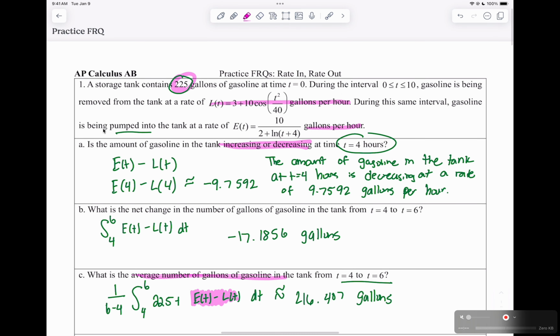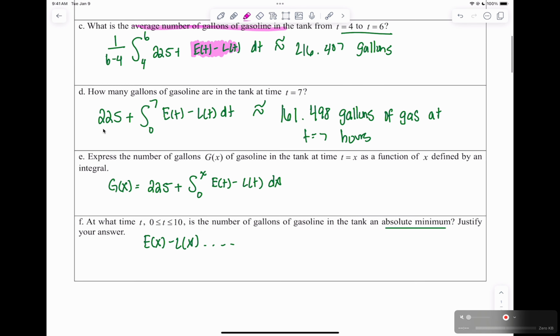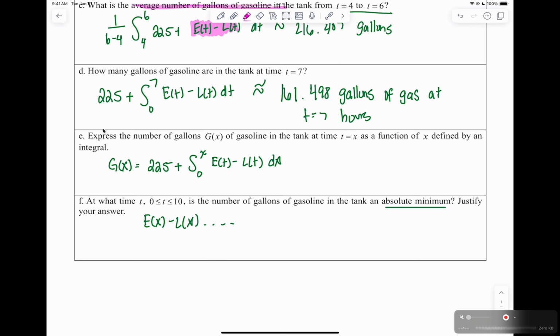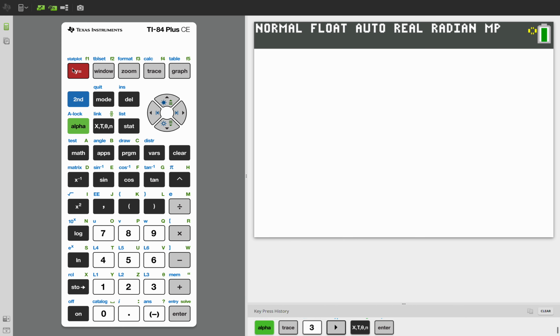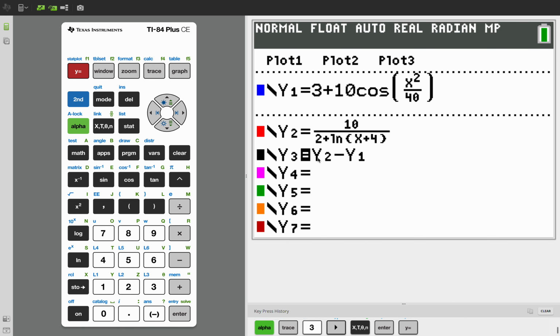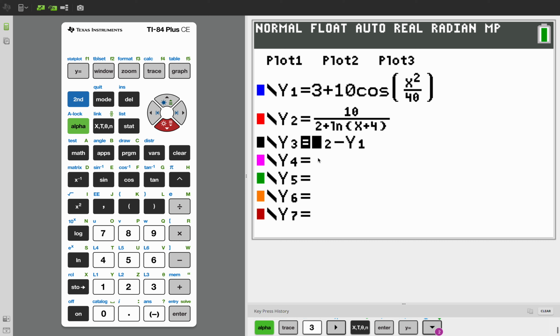Same thing. So for F, we want to find my critical point, so we want to figure out when E of x is equal to L of x. So in order to do that, that's essentially when y3 is equal to 0.